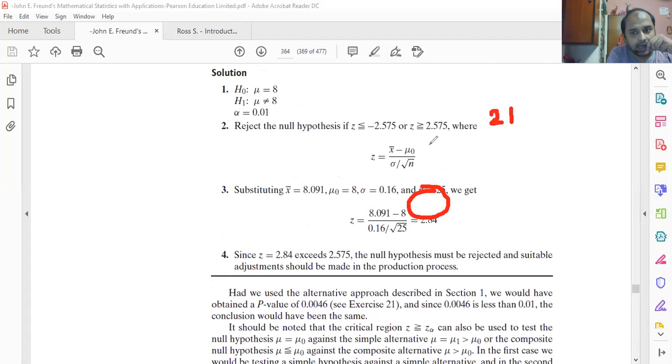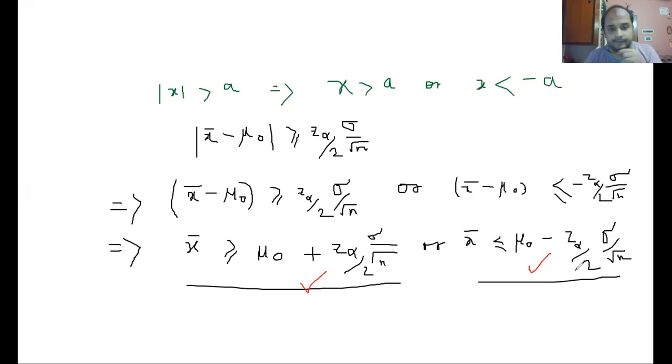Otherwise, I cannot show you this properly. You have done this particular problem in the previous class, so I shall be considering this particular value over there. So you note down this value 2.84. Let us stop this share and go back to the whiteboard. So this is the whiteboard.